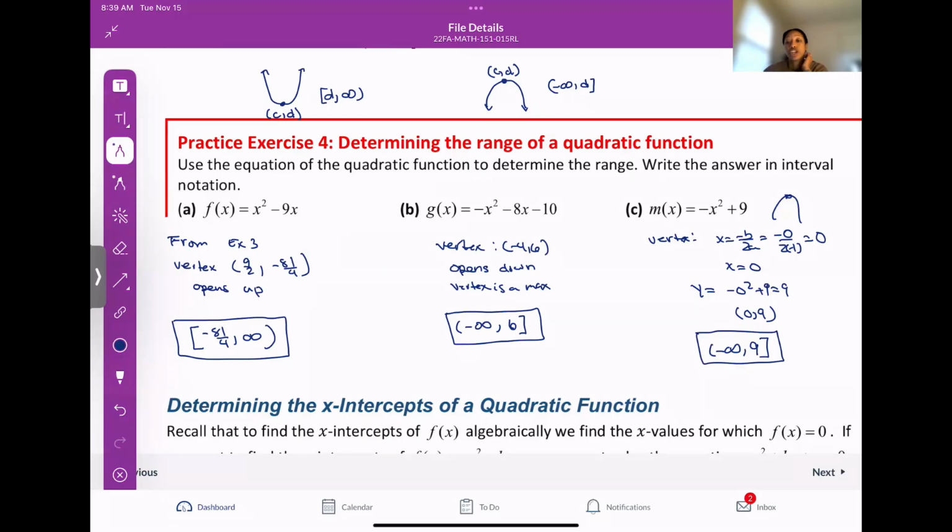And that's it. So again, to determine the range, that's all of the possible outputs you can get, you want to use your vertex, use the y coordinate. If the parabola opens upward, the y coordinate is the smallest output. If the parabola opens downward, the y coordinate gives us the largest possible output.